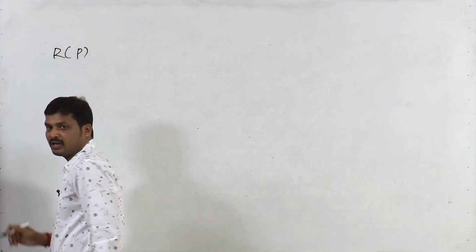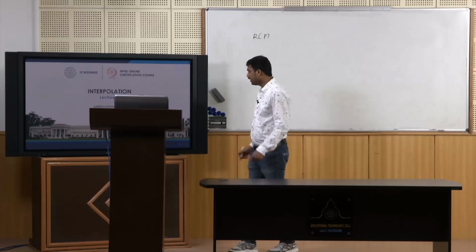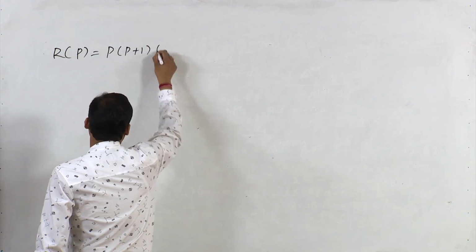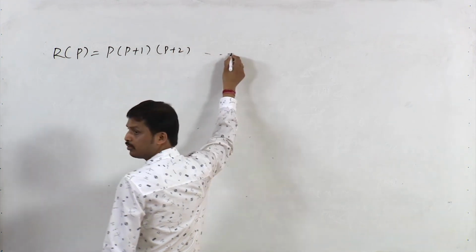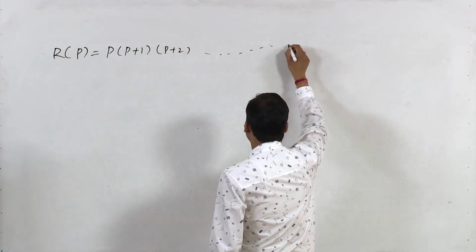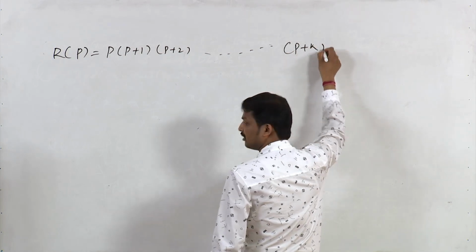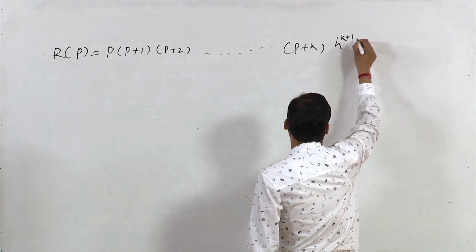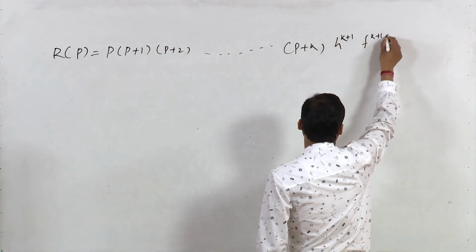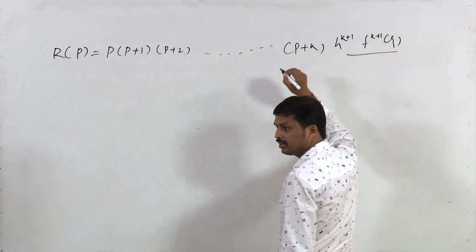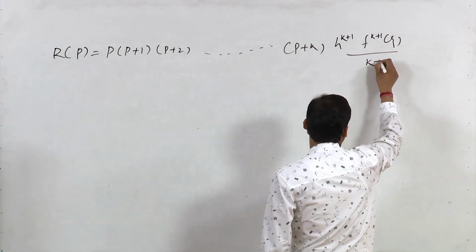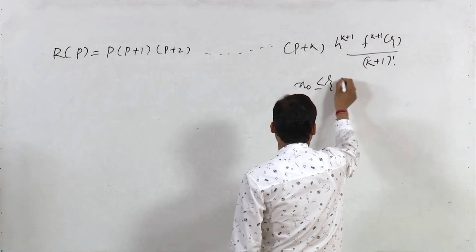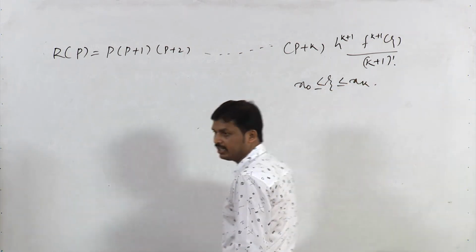This is the error term for Newton's backward difference formula, and it can be expressed as p into (p plus 1) into (p plus 2) up to (p plus k), times h to the power k plus 1 f to the power k plus 1 of zeta divided by k plus 1 factorial, where zeta lies between x0 and xk.